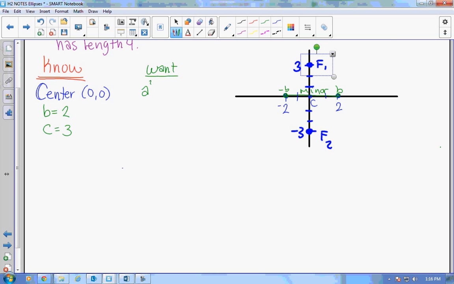We know a squared equals b squared plus c squared. We're trying to find the other vertices along the major axis so we can draw the ellipse. We need the a. A is something we don't know. But we do know b is 2 and c is 3. So can you find a for me?